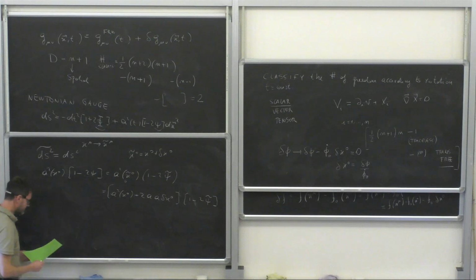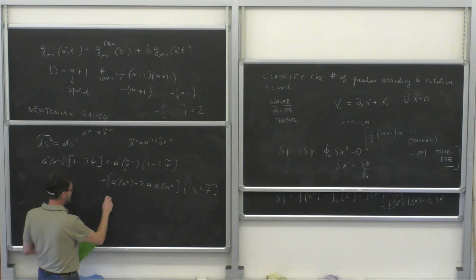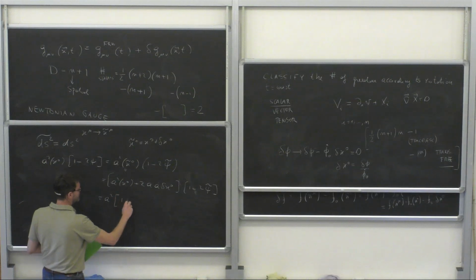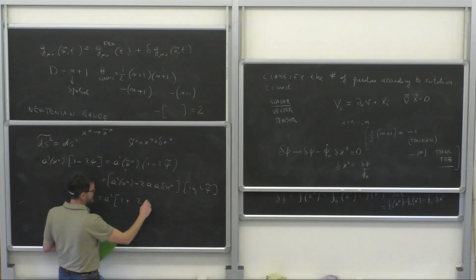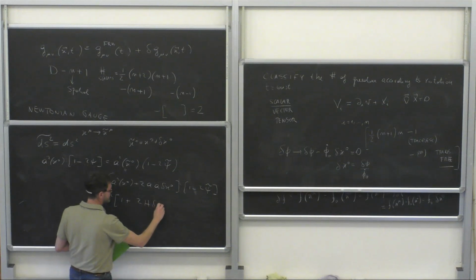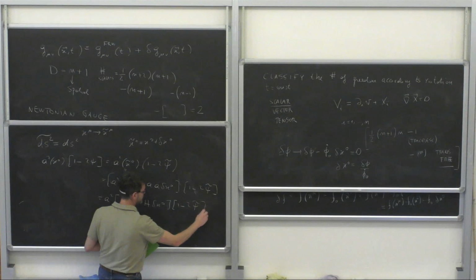Okay? So from here, I collect an a square, 1 plus 2 a dot divided by a is h, delta x0, times 1 minus 2 psi tilde, sorry.